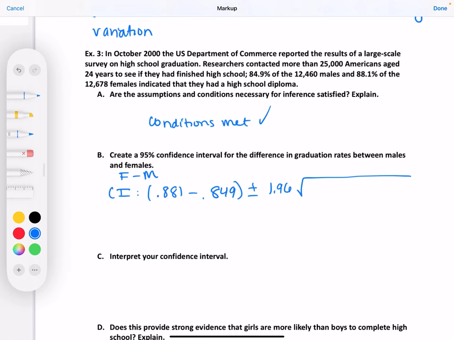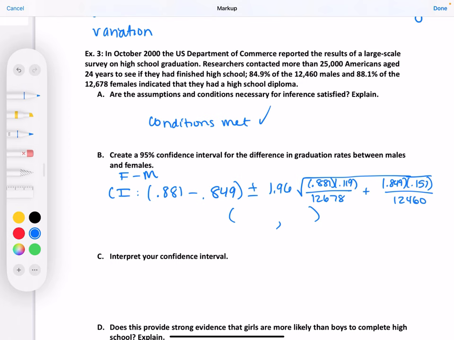The standard error for this chapter is p1 hat q1 hat over n1 plus p2 hat q2 hat over n2. So 0.881 times 0.119 divided by 12,678 plus 0.849 times 0.151 over 12,460. And then you could get your range, your two numbers, one by adding and one by subtracting.